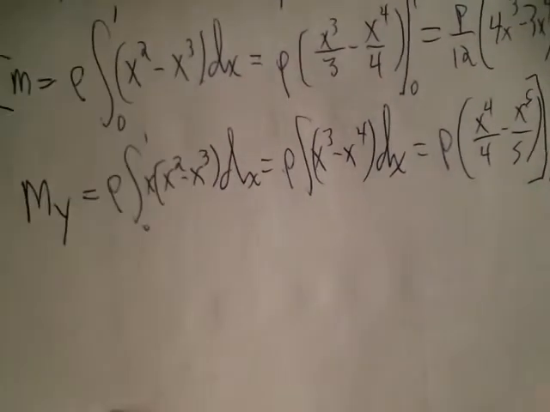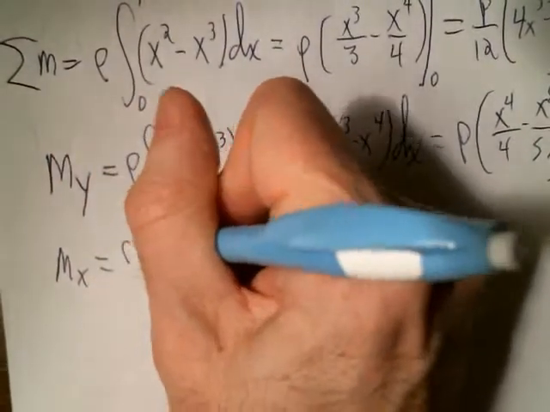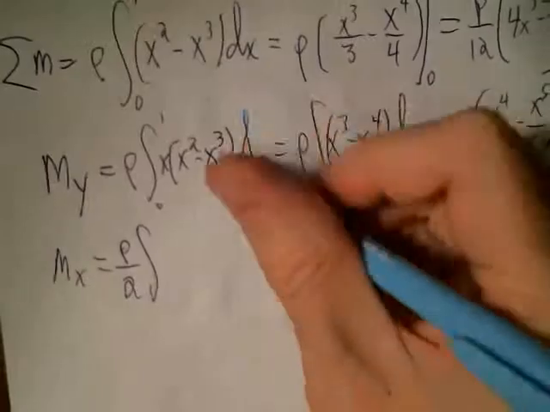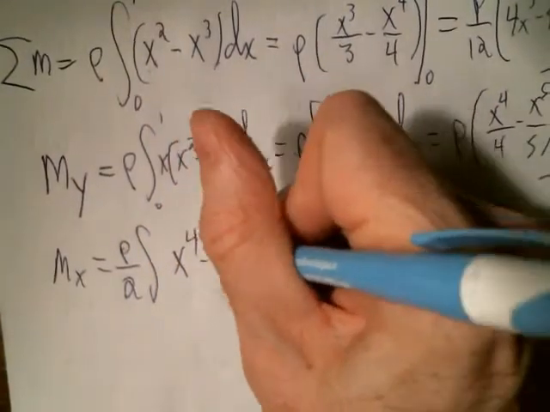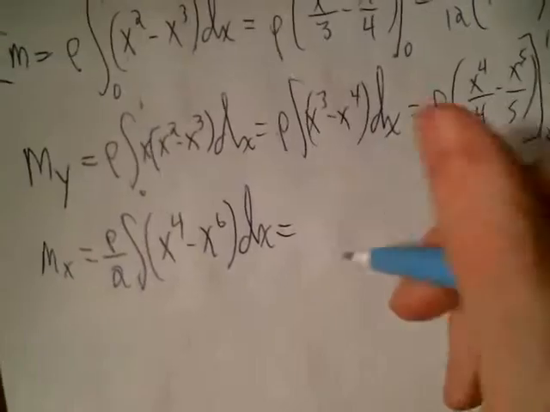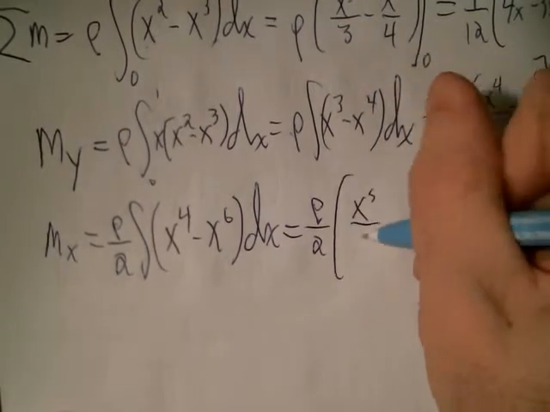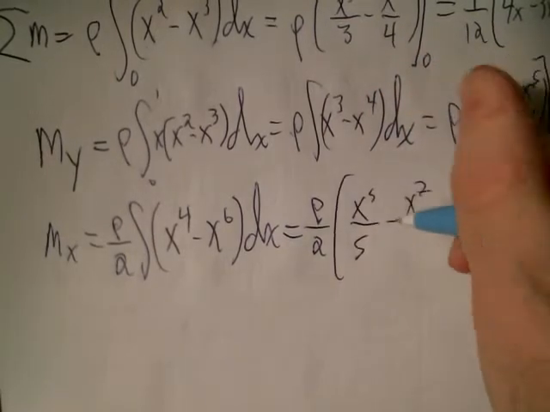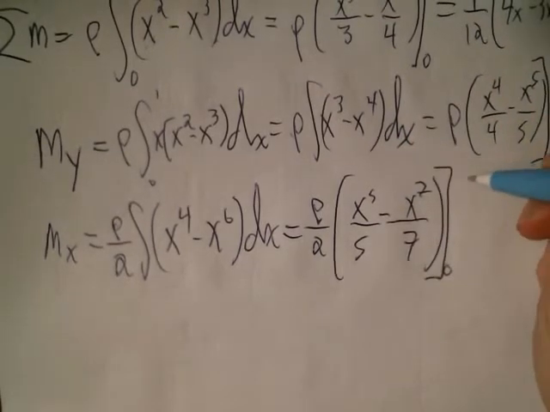Last but not least, then, the moment about the x-axis. So the formula there was rho over 2, and then the integral of this thing squared minus that thing squared. So x to the 4th minus x to the 6th dx. Go ahead and integrate that. So rho over 2 times x to the 5th over 5 minus x to the 7th over 7 from 0 to 1.